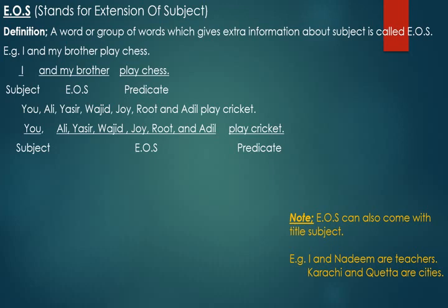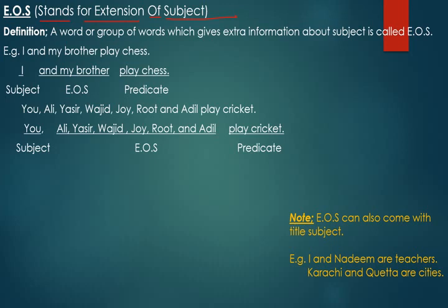And what does it stand for? EOS stands for extension of subject. Keep in your mind, E means extension, O means of, S means subject. Extension of subject means it gives extra information about your subject.